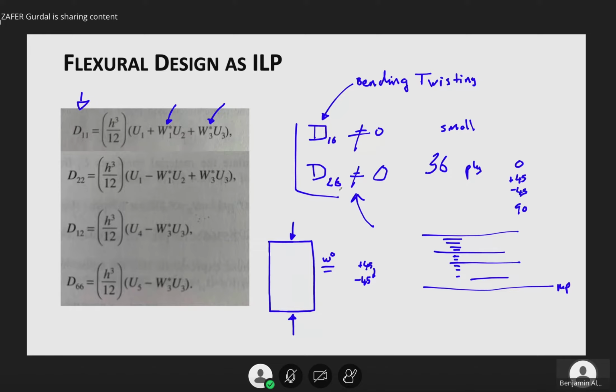If these terms are small, the tendency to twist is not going to be in the laminate. So if this laminate is bending, and D26 and D16 terms are neglected, the out-of-plane deformation contour lines are nice, rectangular or rectangular-like, and it's going to buckle like this for small D16 and D26.